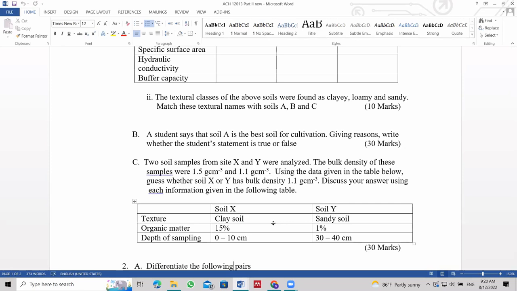Yes. Anyone disagree with that answer? Okay, so soil Y is 1.5.